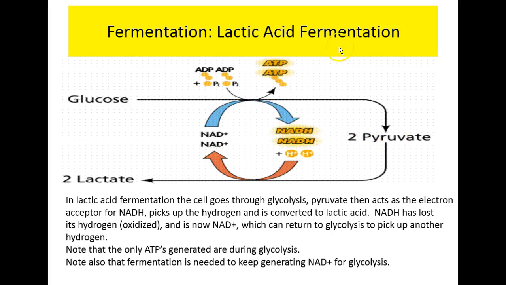In lactic acid fermentation, pyruvate receives the electron of NADH, oxidizing the molecule and converting it back to NAD+. Pyruvate is converted to lactate when it picks up the electrons from NADH.